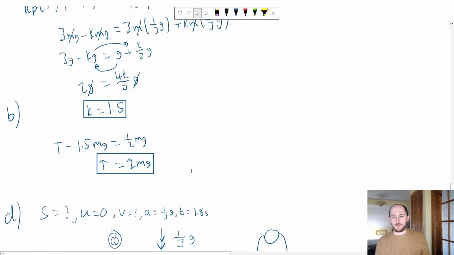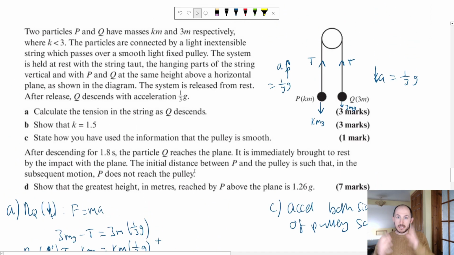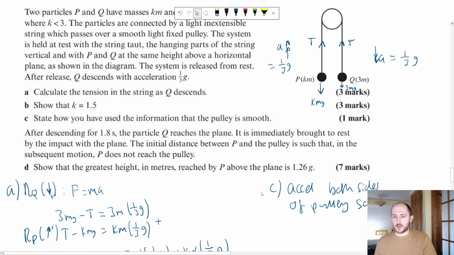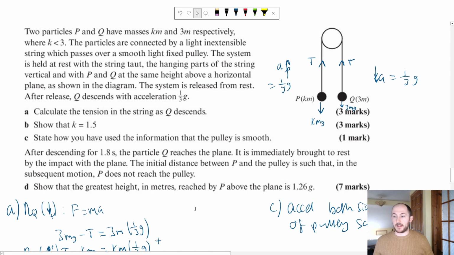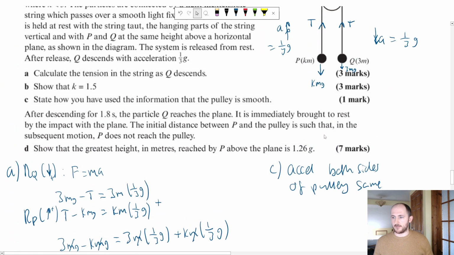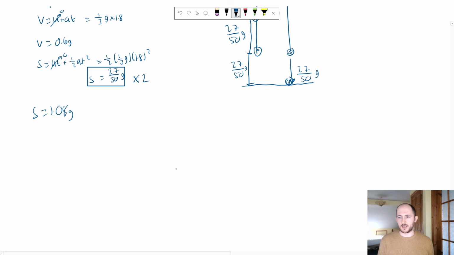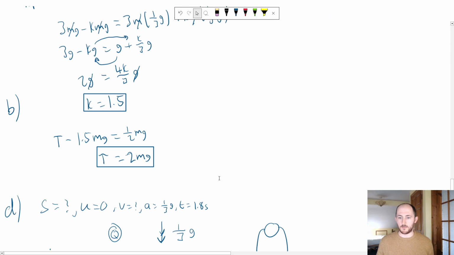So now what happened is P is no longer being dragged up. So we need to now work out the new acceleration. We don't have a value for tension, but that's fine because tension has disappeared. But we have kmg. And if you look, our acceleration was in terms of g beforehand anyway. So let's draw out the situation for P now. It's going down by kmg, but if you remember, we worked out k as 1.5.